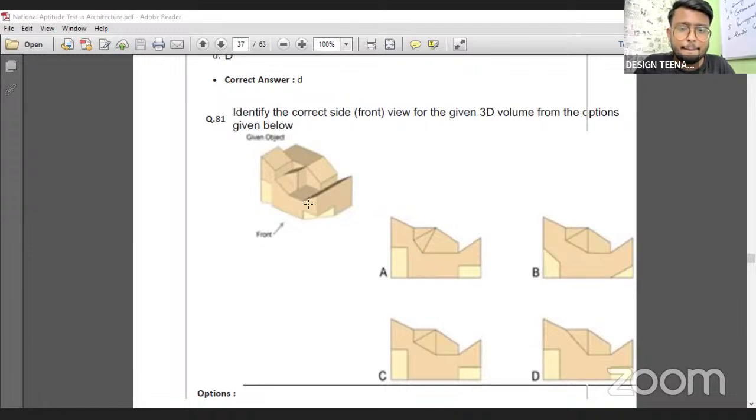Sorry, rectangle. See the way this has been made. There is a clear demarcation, I will mark it out. You see this one, you see this one. When you look perpendicular to that from that direction, this is how it will look. This is how it will look to you, right? Yes. So then it is a rectangle. Option B is the wrong answer. Process of elimination, we will use POE. Very simple.